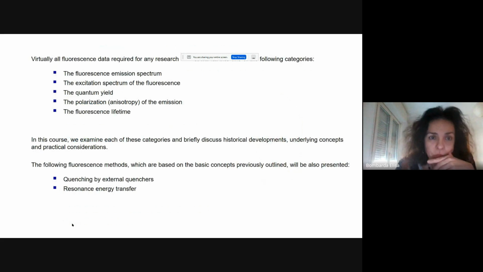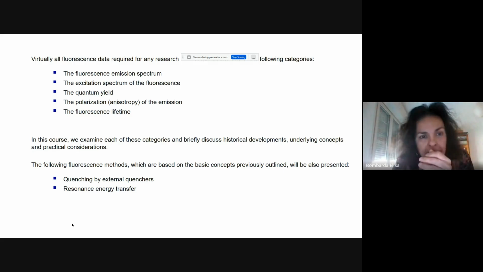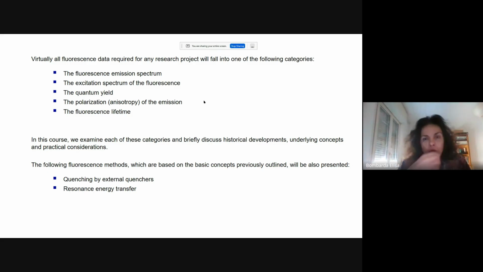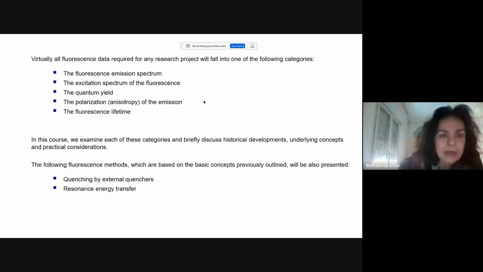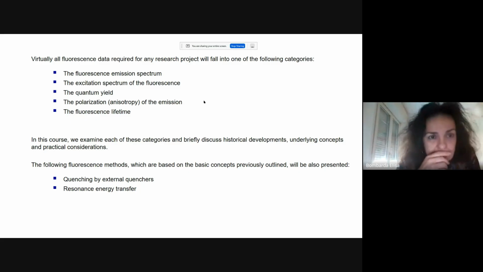Exactly because of these concepts that I just listed, these are the important characteristics. All fluorescence data that we acquire when we study a system with fluorescence spectroscopy are the ones listed here: the fluorescence emission spectrum, or the excitation spectrum, also the quantum yield, the polarization, the fluorescence lifetime.